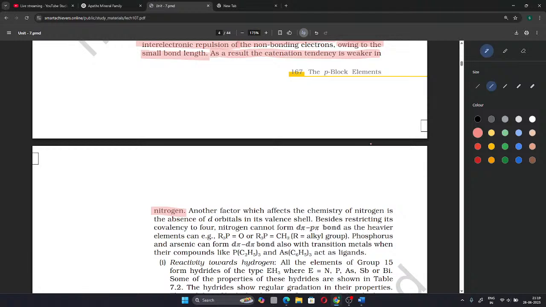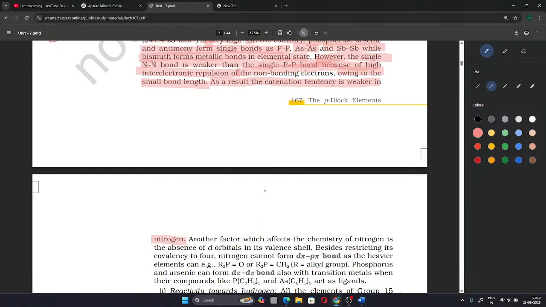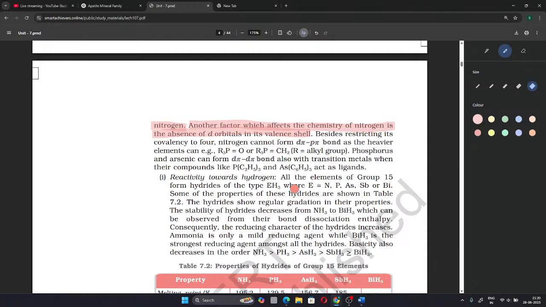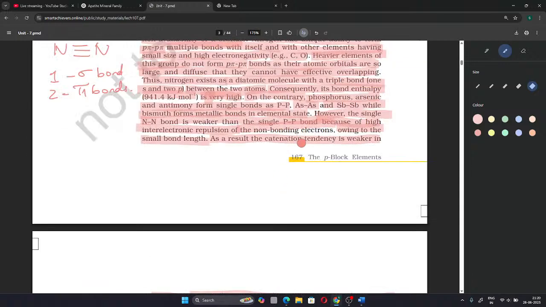Catenation of carbon is one of the main reasons we have such complex organic chemistry. Because of the small bond length, the catenation tendency is weaker in nitrogen. Another factor which affects the chemistry of nitrogen is the absence of d orbitals in its valence shell. So here they explain that the triple bond is very strong.